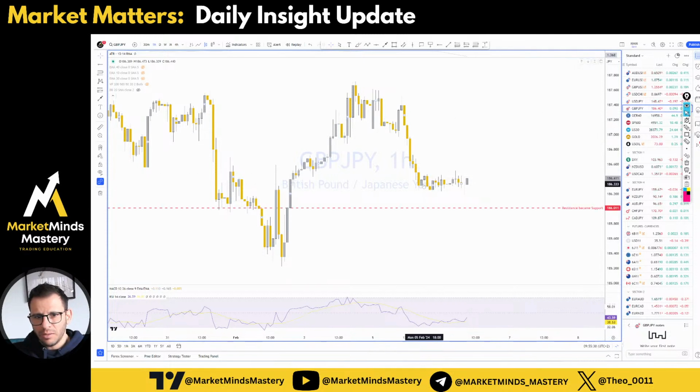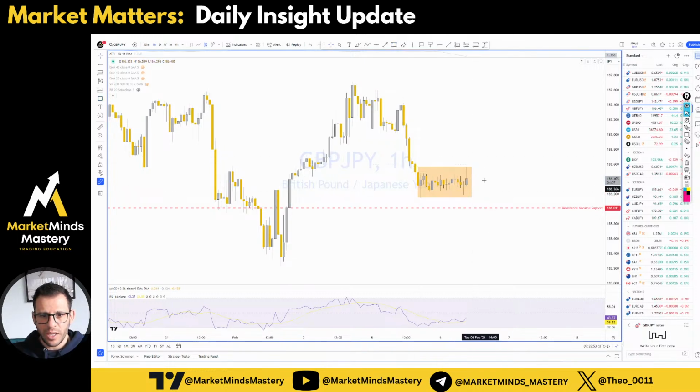Great British Pound, JPY, yesterday the price sold off, and since the New York trading session as well as the Asian session, the price is trading within this narrow consolidation. No directional move to the upside, no directional move to the downside.